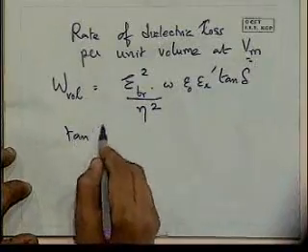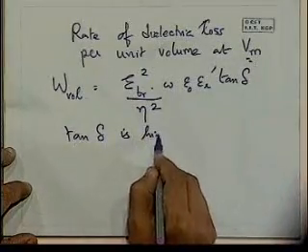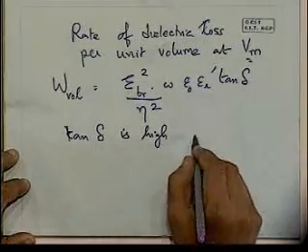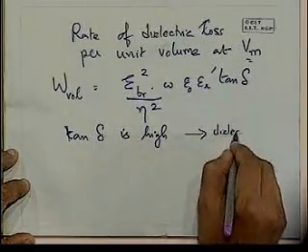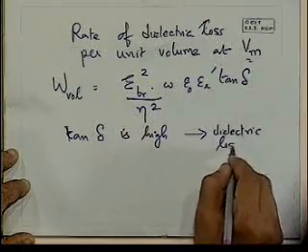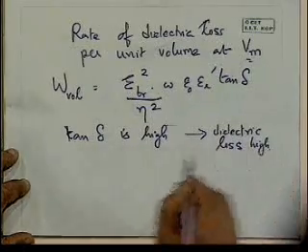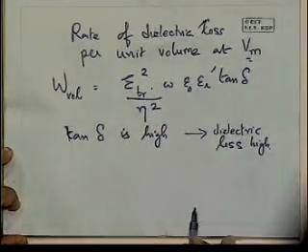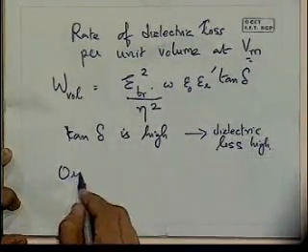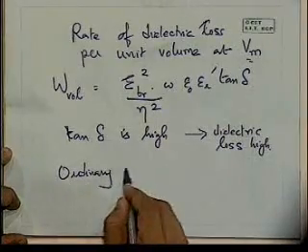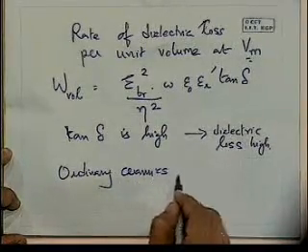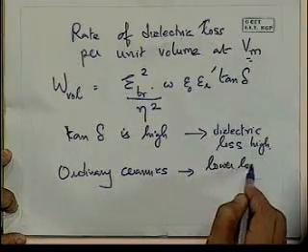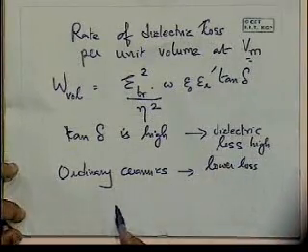So if tan delta is high, dielectric loss is also high. We saw this earlier. In ordinary ceramics, there are lower losses, and so they are more efficient at storing energy.